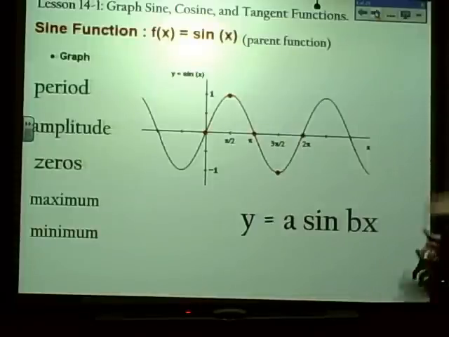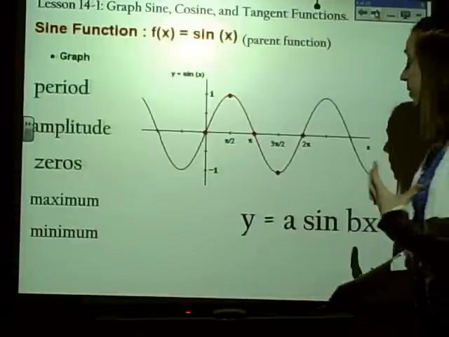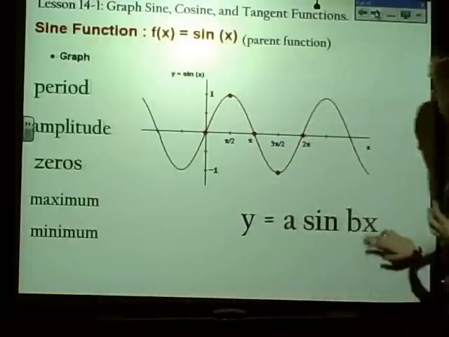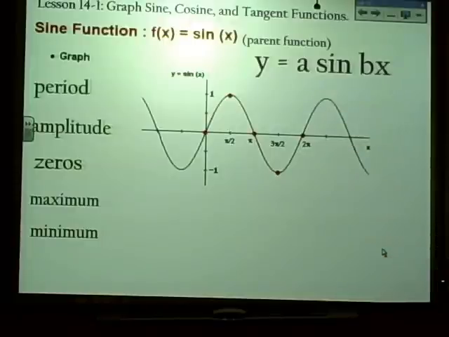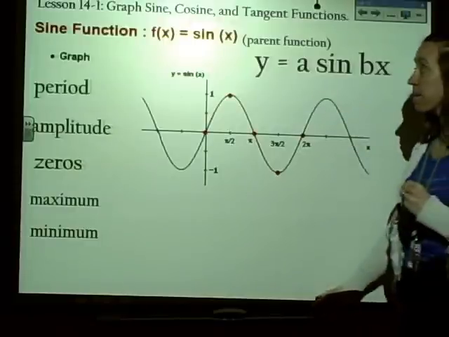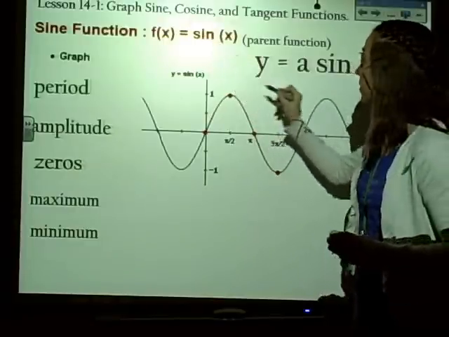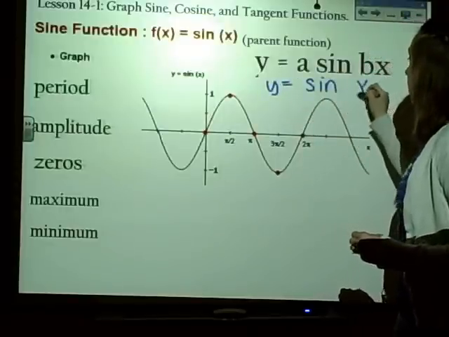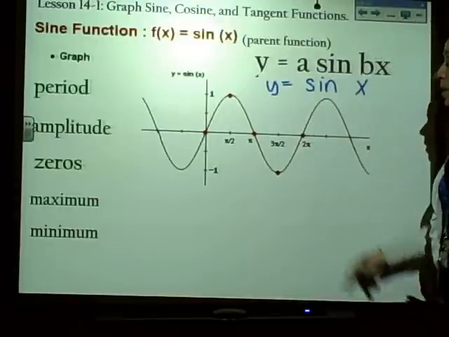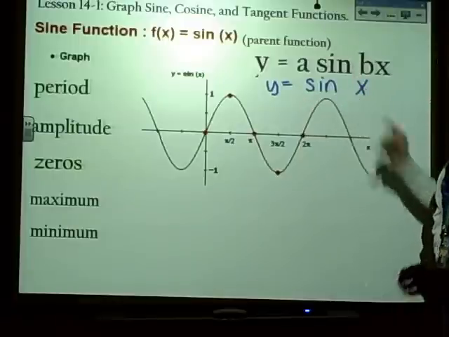Okay, so there's a lot going on this slide. What this is showing is the parent function of a sine function. So if you guys see here, we have our sine function, a sine of bx. What we're graphing is the parent function. We're graphing y equals sine of x. Okay, notice there's nothing in for a, nothing in for b.